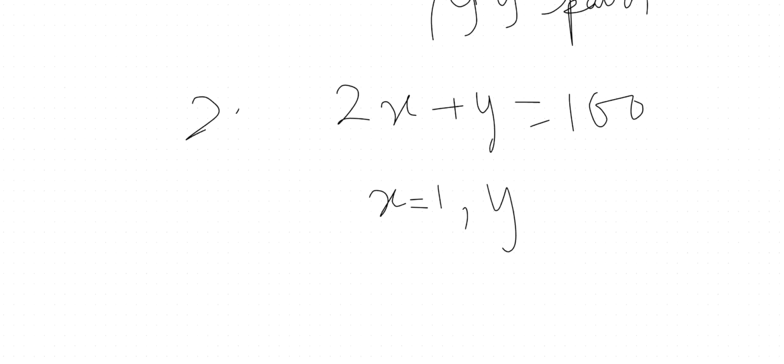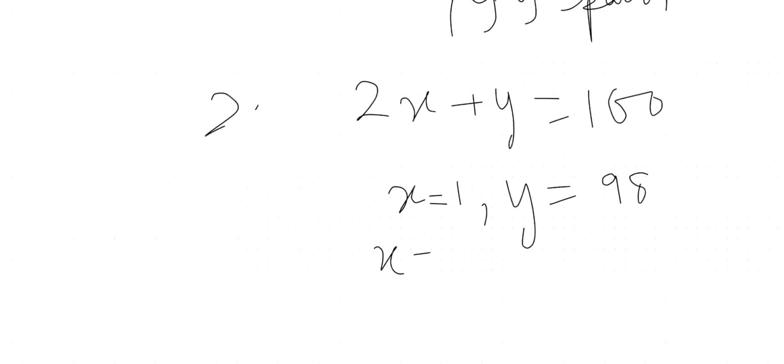It is actually going to be 98, because as you can use your common sense, twice into 1 will give you 2, but because this is 2, y has to be 98. And similarly, if x is equal to 2, right? That means twice into 2 will be equal to 4, and therefore in that case, y is equal to 96.